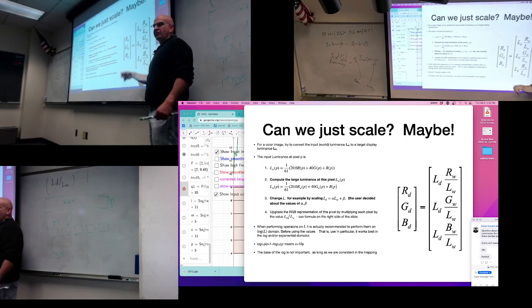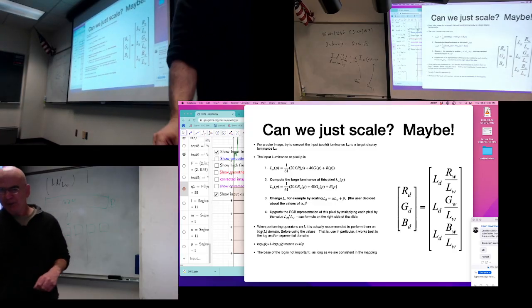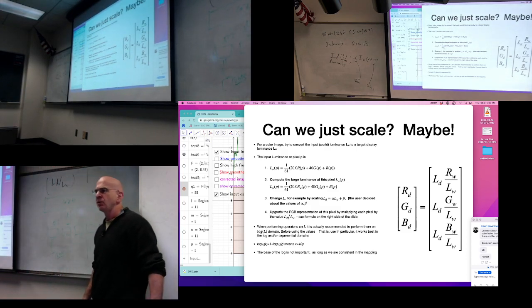You're getting the 3 new values of this pixel. Voila, we are happy. At this point, it's just a linear operation on each one of the colors.